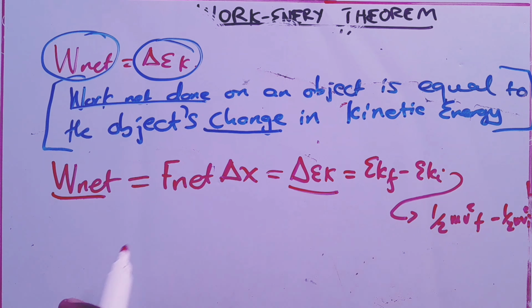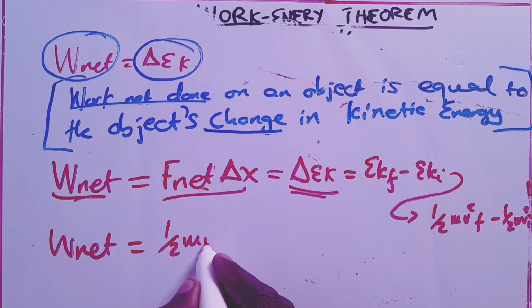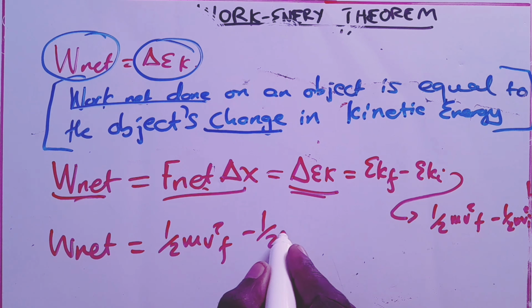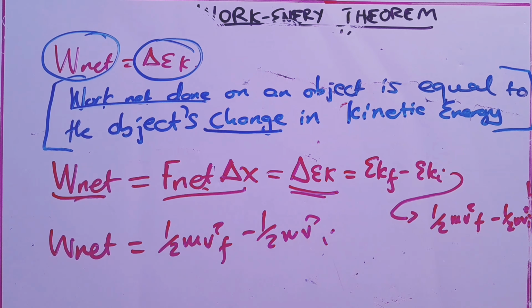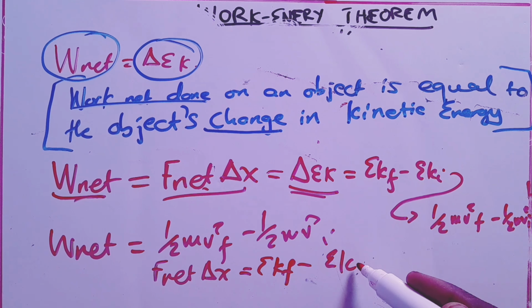We can also use it as work net is equal to half mv squared final minus half mv squared initial, or we can use it as F net times change in x is equal to Ek final minus Ek initial. However you use this, it will still give you the same answers, right? So let's take a look at an example so that we can work this out, and I'll show you how to use this.